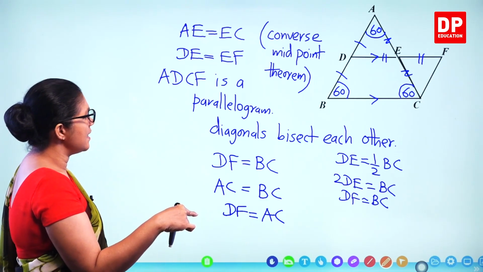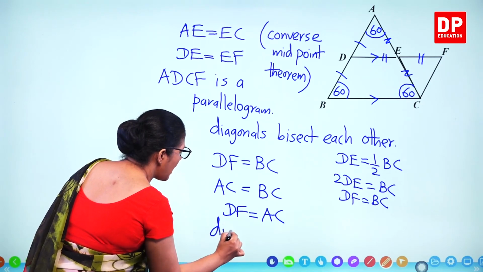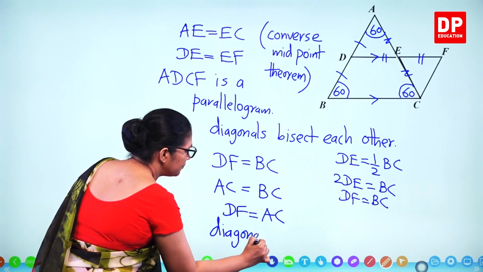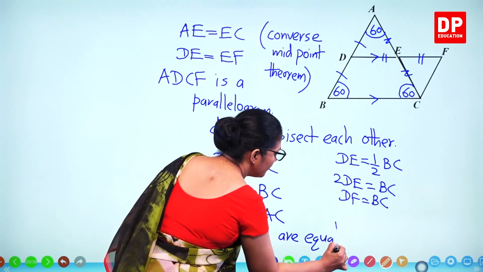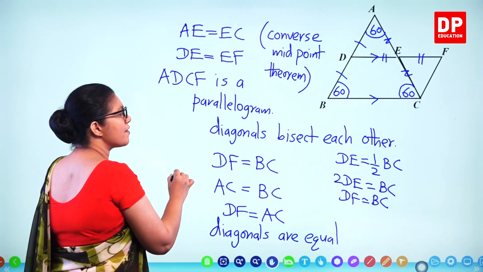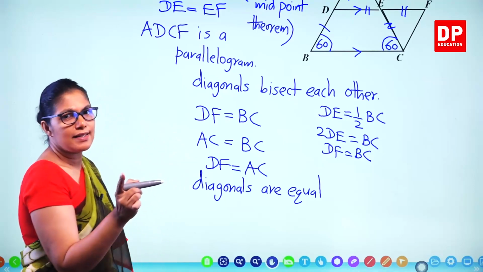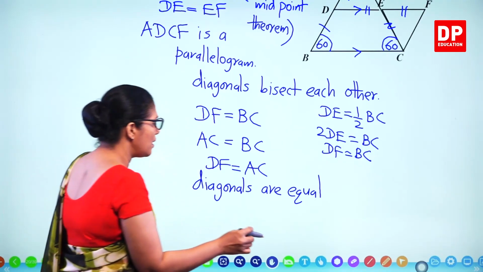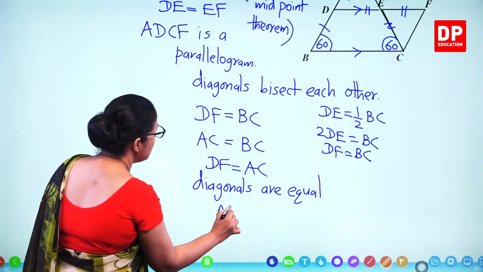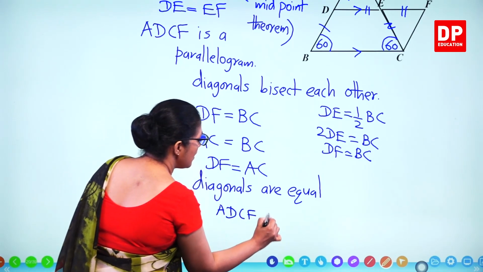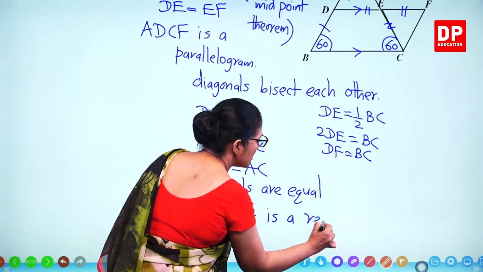DF and AC, diagonals are equal. That means the parallelogram should be a rectangle. If diagonals are equal, ADCF is a rectangle.